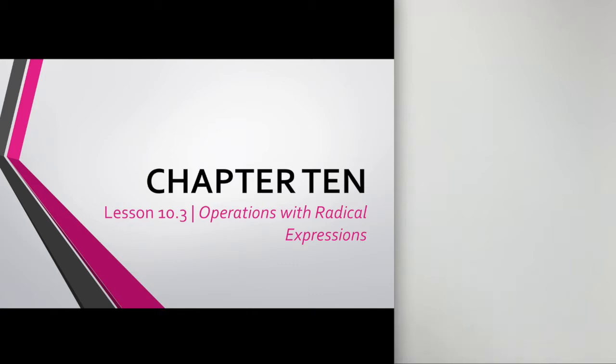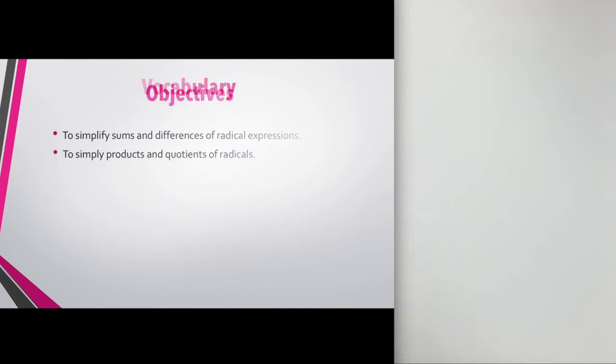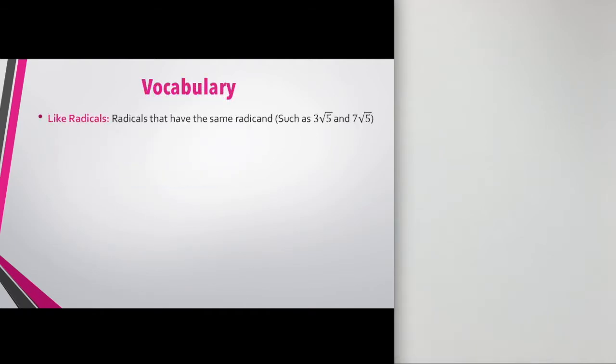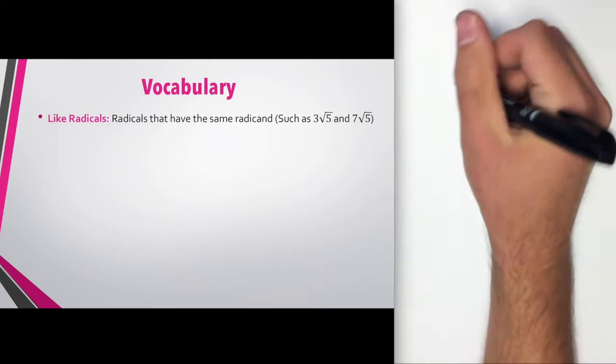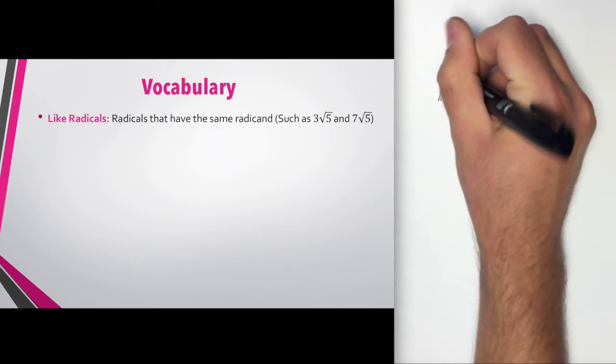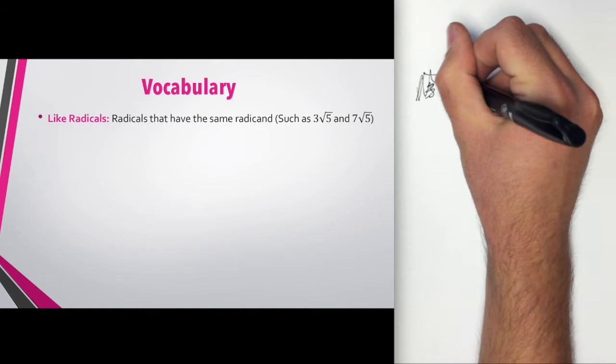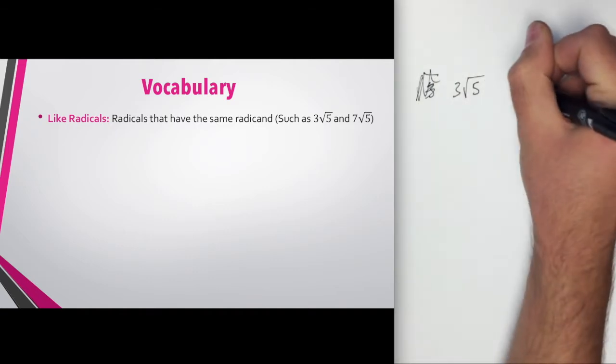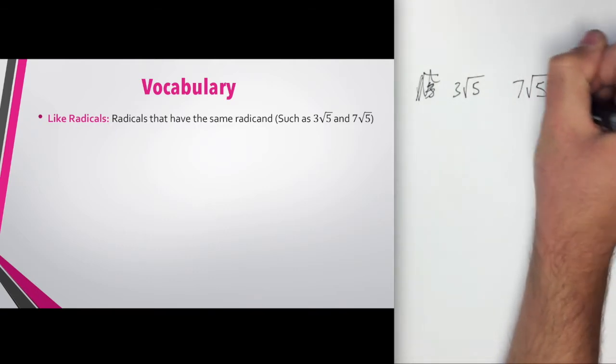Operations with radical expressions. We're going to jump right to your vocab. For starters, like radicals are radicals that have the same radicand. The example on the screen says 3 square roots of 5 and 7 square roots of 5.